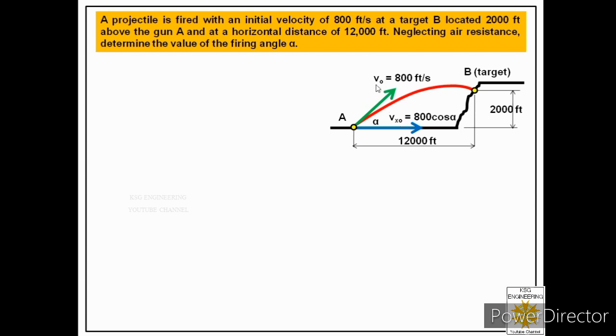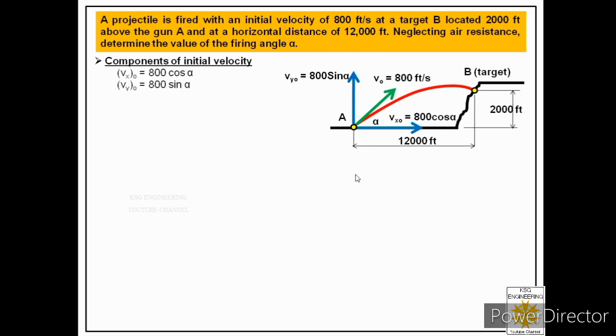That is the component of initial velocity V naught in x direction. Now the other component of this velocity will act along y direction, so let us label that also, and it is denoted as Vy naught, and its value will be 800 sin alpha. So the first step is that we should label the components of initial velocity. So we have found that Vx naught is equal to 800 cos alpha and Vy naught is equal to 800 sin alpha.